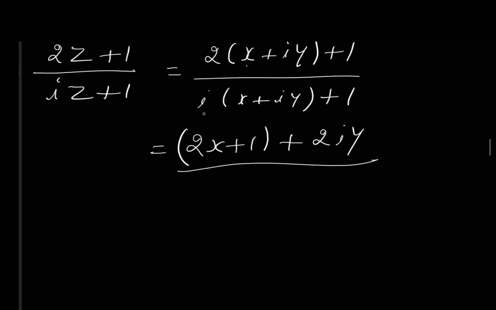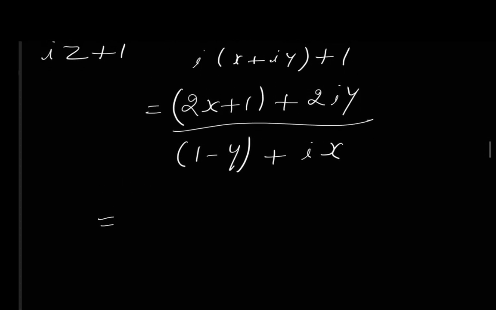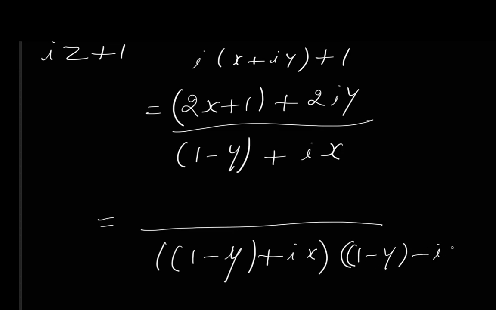And here i squared is minus 1, so 1 minus y plus ix is the denominator. Let me multiply the denominator by its conjugate: (1 minus y plus ix) into (1 minus y minus ix).